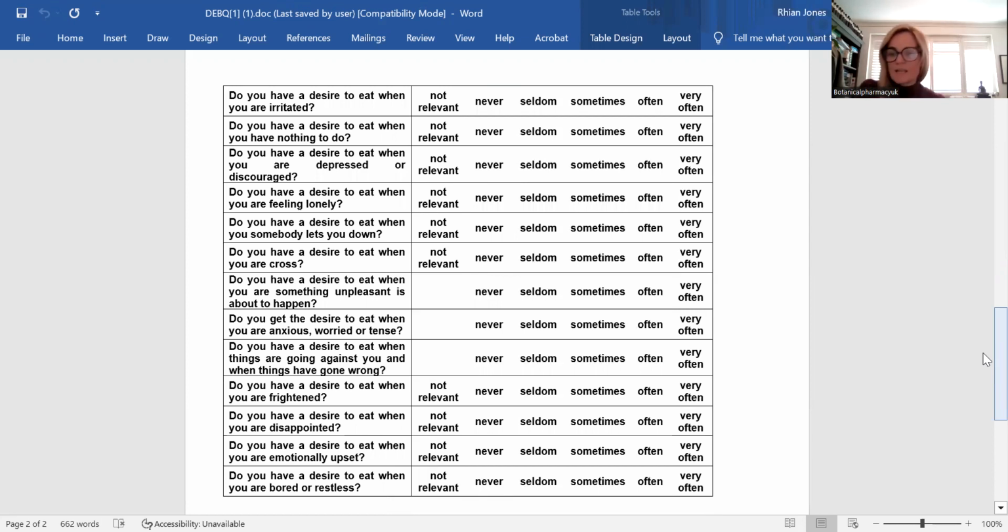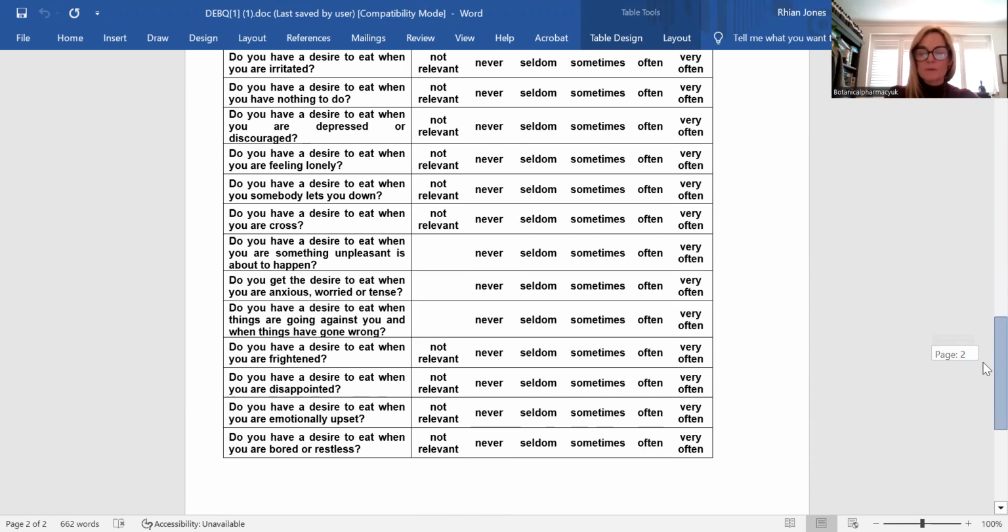If they're sad, they eat. If they're upset, they eat. So do you have a desire to eat when you're frightened? Classically, a stress response would lead to a reduced appetite. But if that's not the case for you, that's useful to know so that you can have the appropriate treatment outcome. And do you have the desire to eat when you're bored or restless?